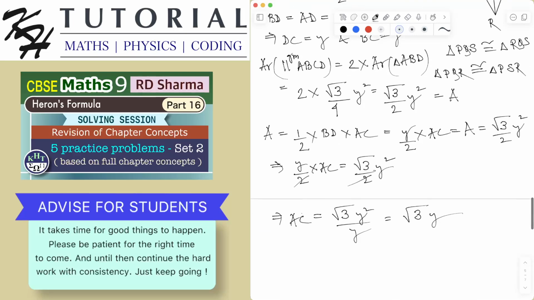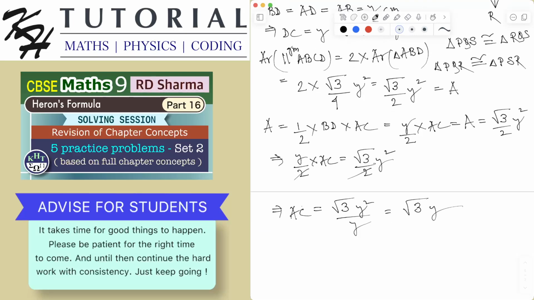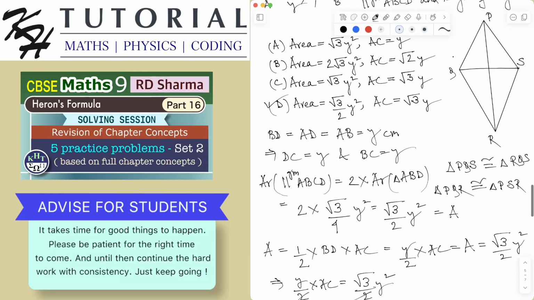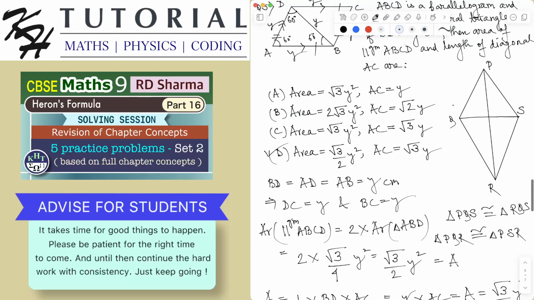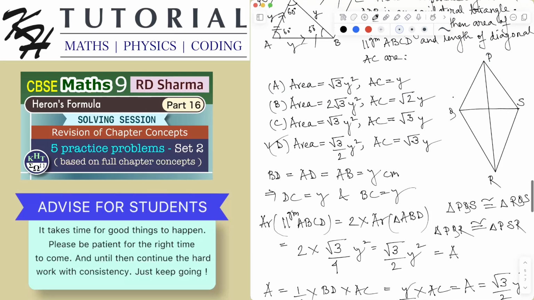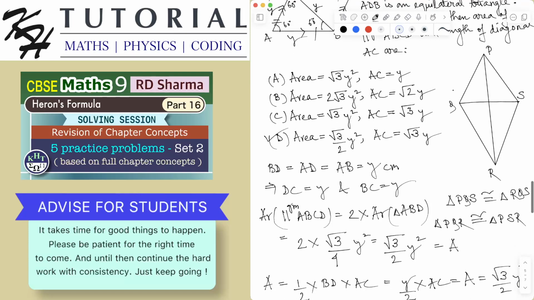So AC is equal to square root of 3 multiplied by y. So the area is square root of 3 divided by 2 y square, and the length of the diagonal AC is square root of 3 into y.